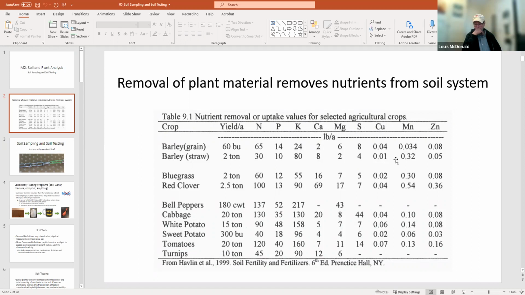And it is our job, your job as a producer, a manager, or a consultant, to be sure that those nutrients are replaced to maintain the quality and productivity of soils. Right? It's just tragic that we would not. And that's our task. That's what this class is about.